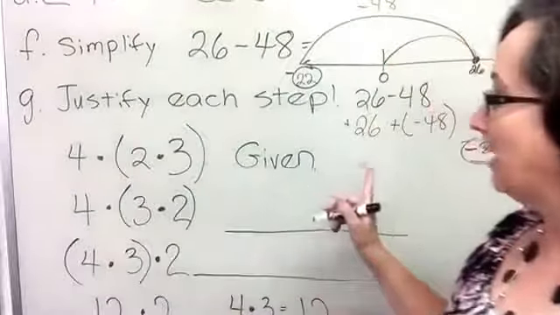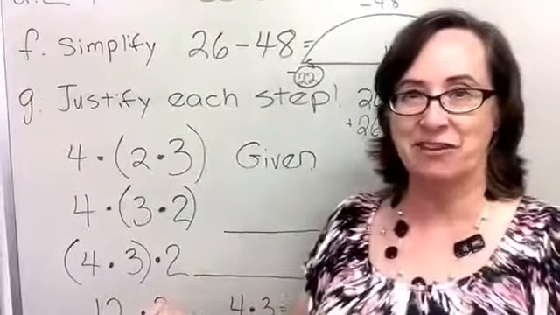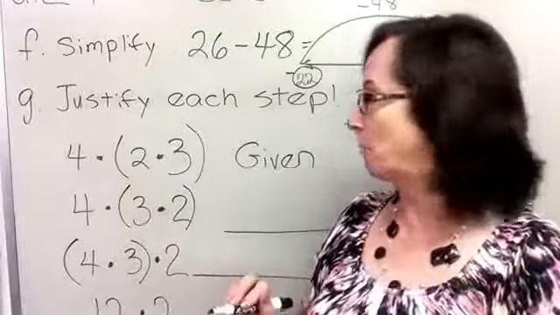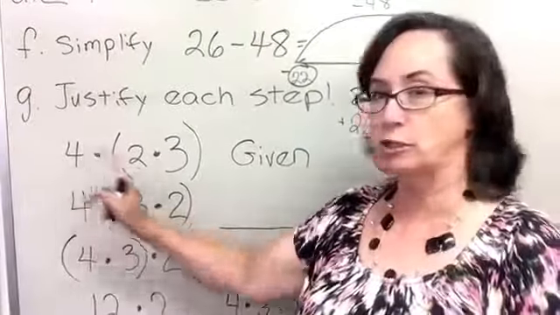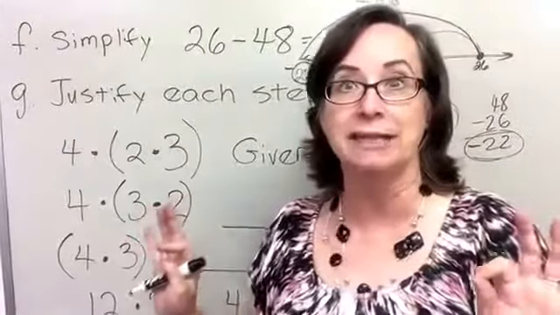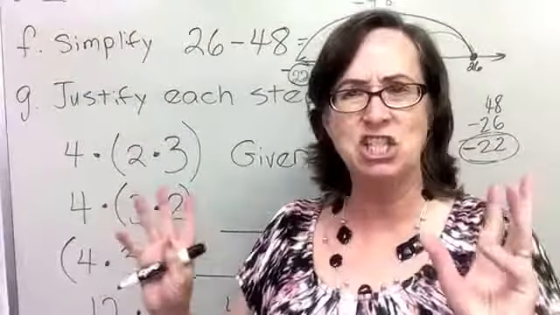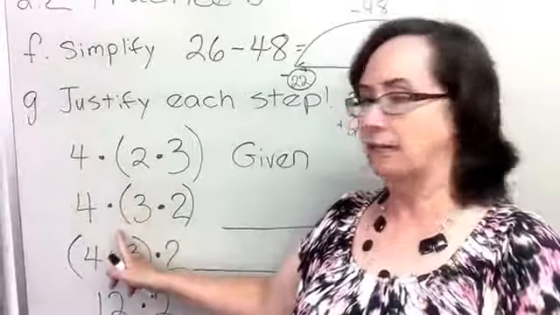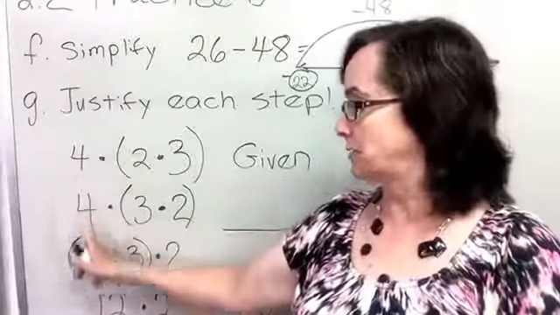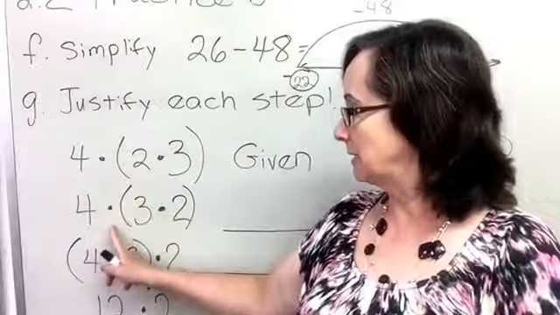So now we have to justify each step with our properties. When we're justifying, we look at what is different. What has changed between the given problem and this new problem? Well, the 4 is the same. The times is the same.